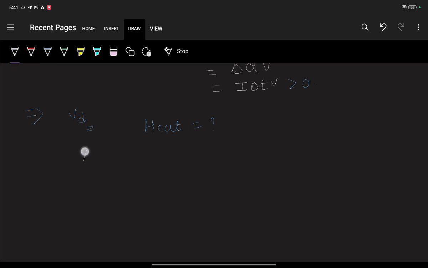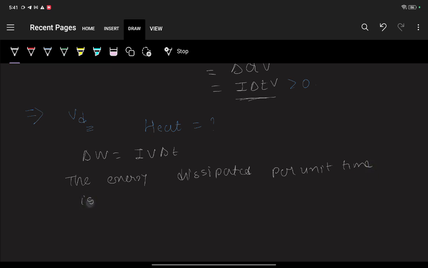So we know that delta W is given by IV into delta T, that we have just written, right? So the energy dissipated per unit time is the power dissipated.